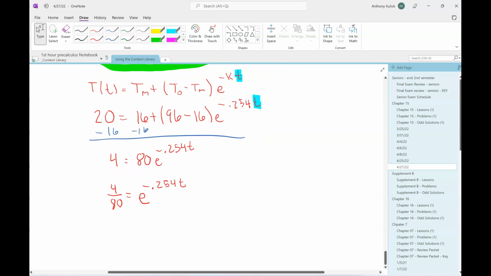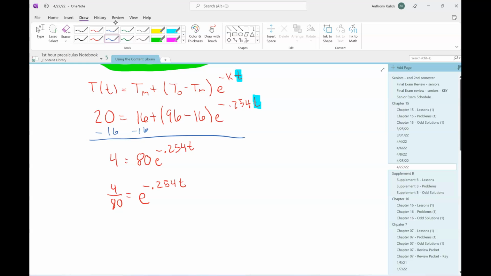I'll note that I could reduce that fraction, but I don't really care because eventually it's just going to go into my calculator anyway. What I'm more interested in right here is getting rid of that exponent base of e. What do I need to use to do that?